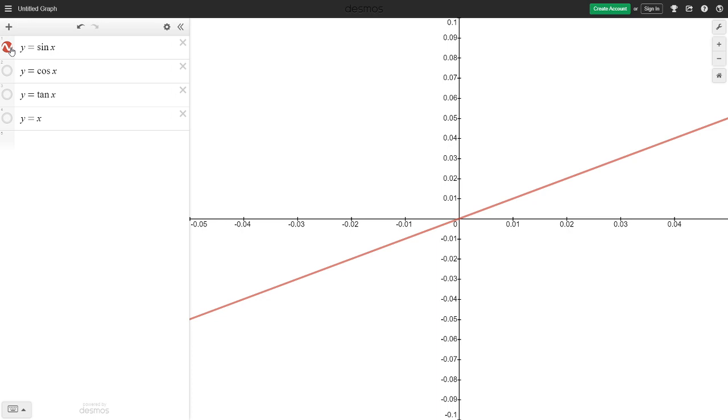Now cos x is going to be a little different. I'm going to have to rechange my axes, so bear with me, because it doesn't show up there.